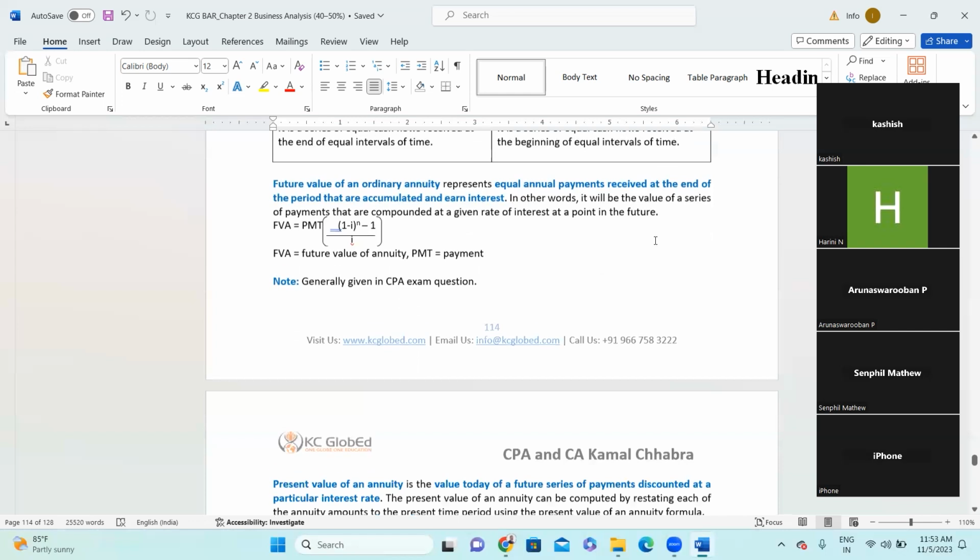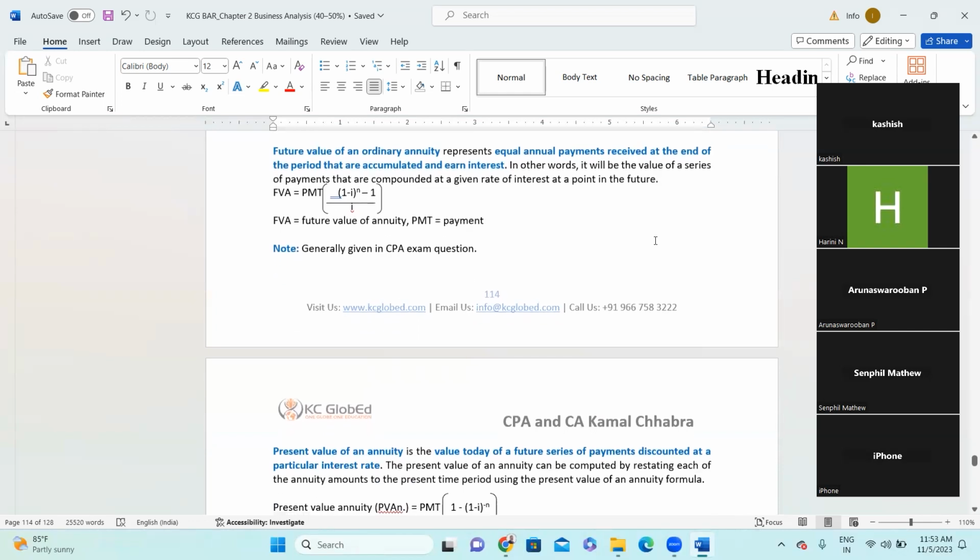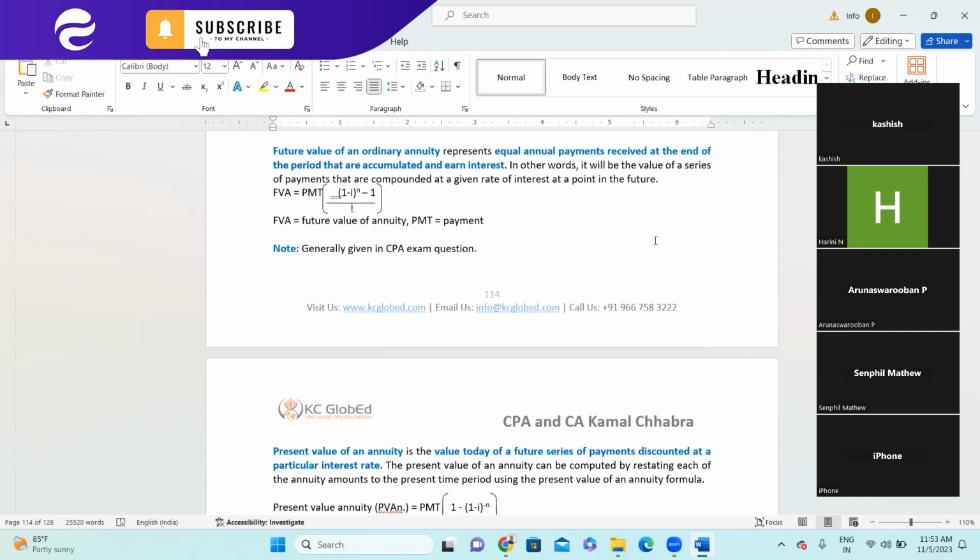Future value of ordinary annuity represents equal annual payments received at the end of the period that are accumulated and earn interest. In other words, it will be the value of the series of payments that are compounded at a given rate of interest at any point of time in future.